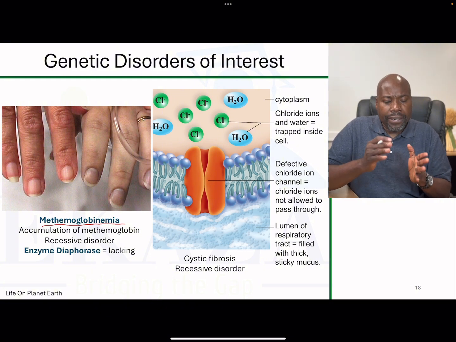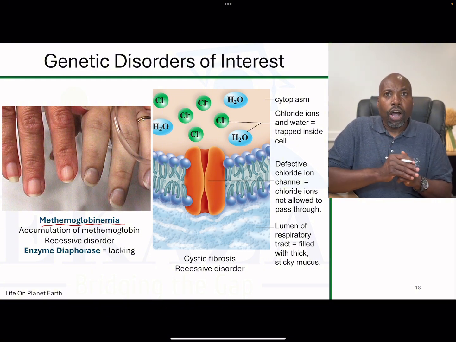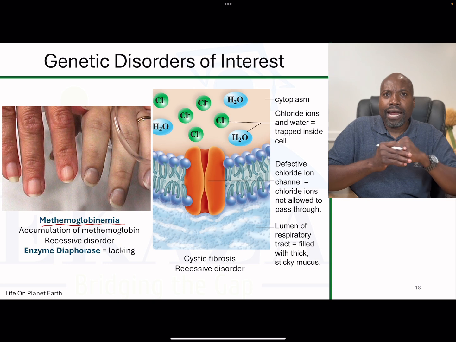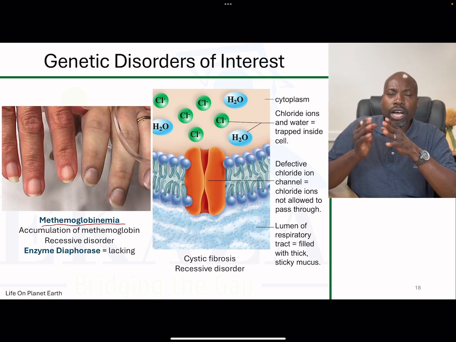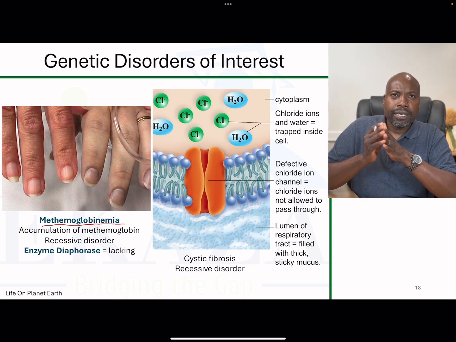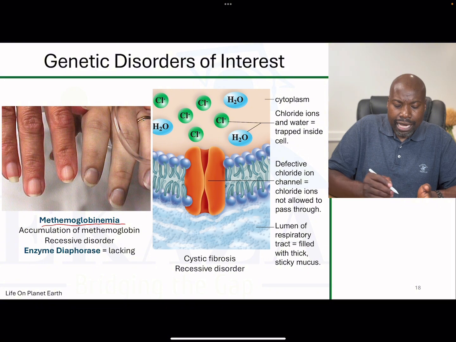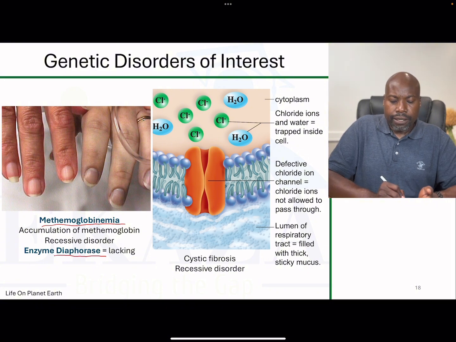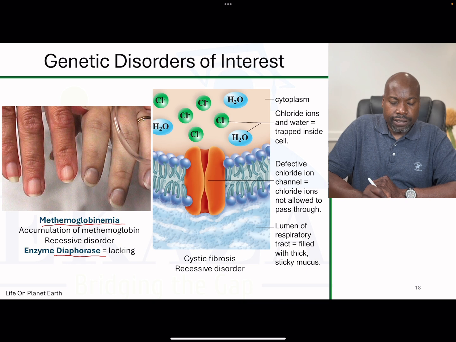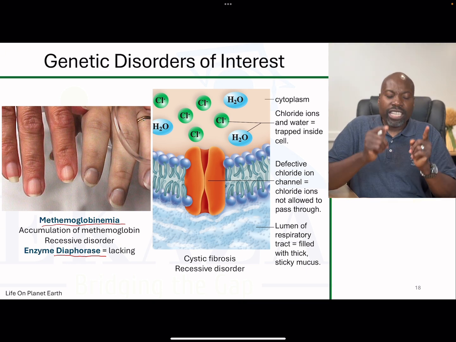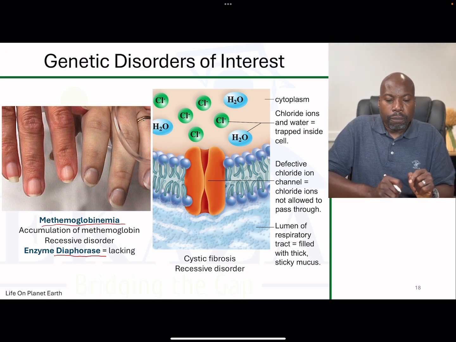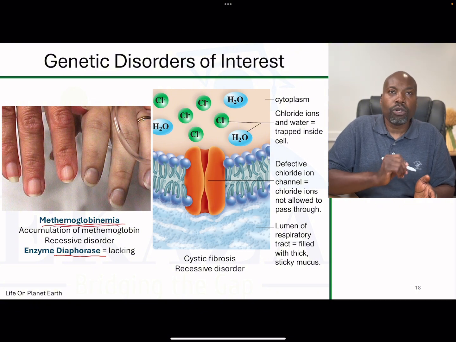And this is happening because of one particular enzyme that is not present in this individual. This enzyme is diaphorase.